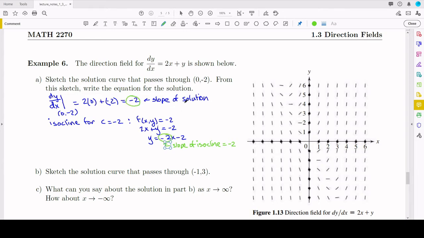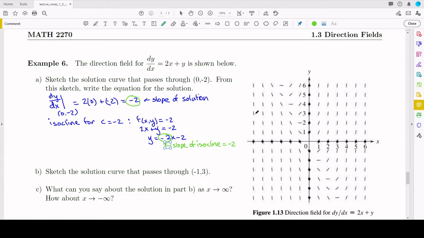So we see that the slope of the solution equals the slope of the isocline, and in that special case we actually know that the isocline, negative 2x minus 2, is a solution to the differential equation.